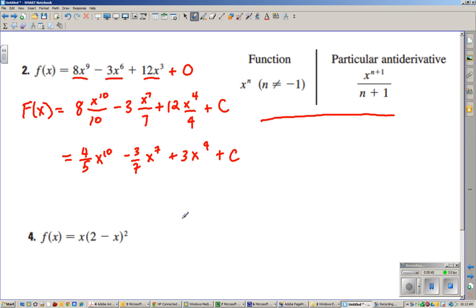Now, some of these problems require a little housekeeping before we get started, and 4 is an example of such a problem. So it might be best for us to say, well, this is x times, and if we expand 2 minus x squared, isn't that 2 minus x times 2 minus x?